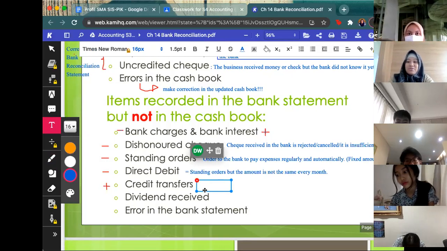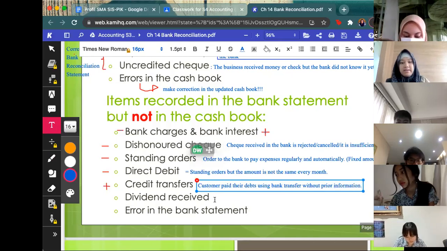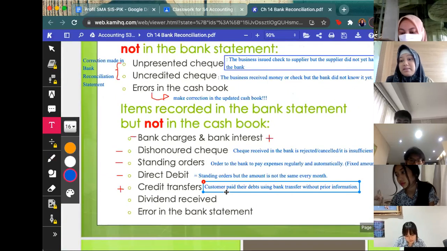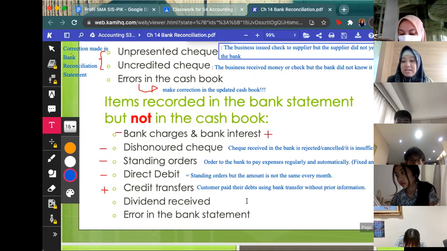It will be shown in the bank statement. So this one is customers paying their debts using bank transfer without prior information. Of course, you as the business did not know that you just received the money until you see the bank statement.